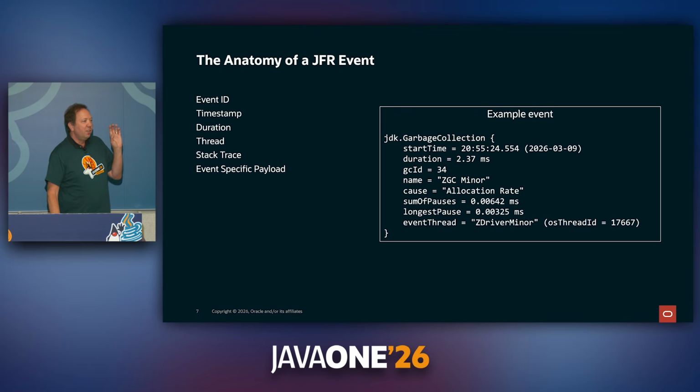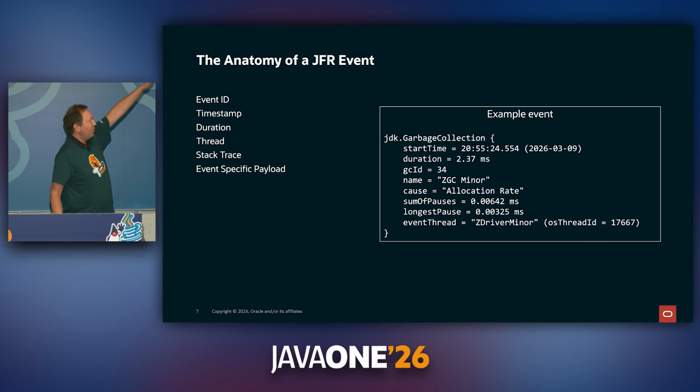Stack traces are, we think, a key value of JFR as well. Because obviously it's great to know that something happened, but in order to troubleshoot it and figure out what happened to make that happen, it's nice to have the stack trace. And then finally, there is event-specific data on top of that.